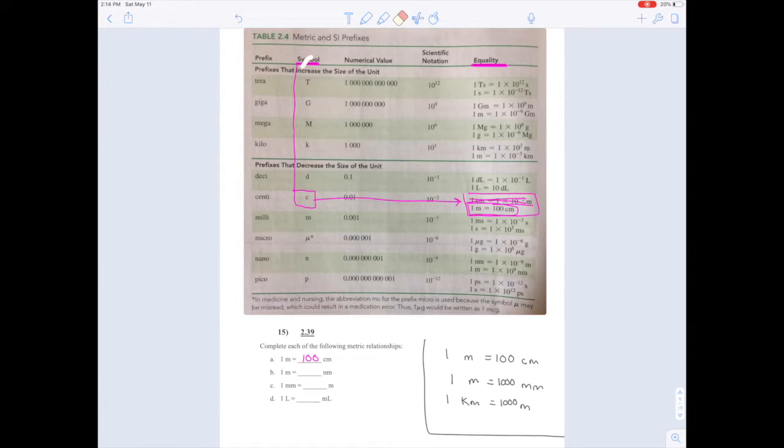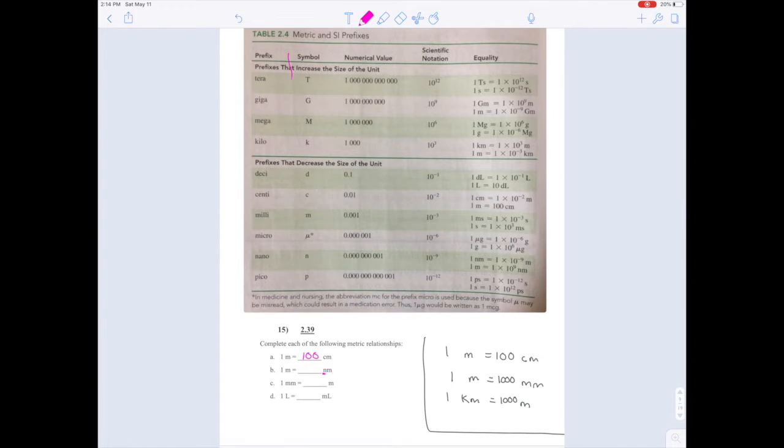How about B? Again, the process is we're going to look for the prefix. Here the prefix they give us in B is N. So we're going to go to the symbol column, go down until we see N. Here it is, nano. Now we're going to look at the 2 equalities they give us for nano. In B, they tell us that we have to have 1 meter. So which of these equalities has 1 meter?